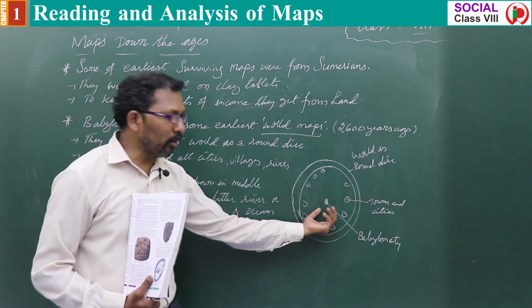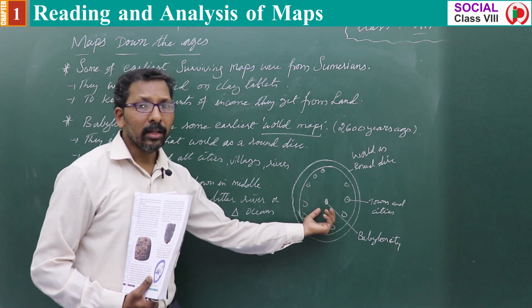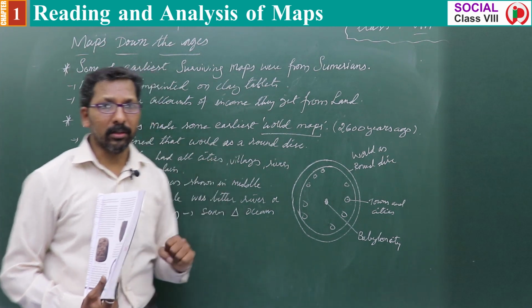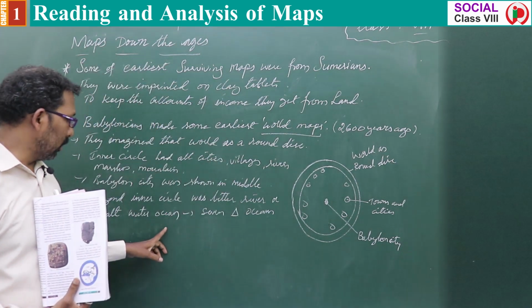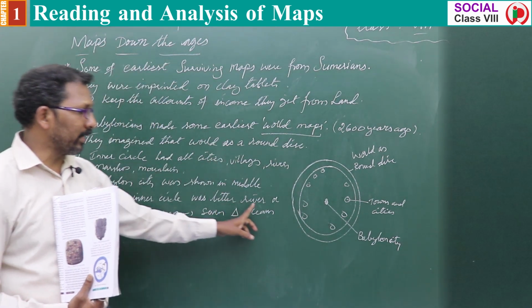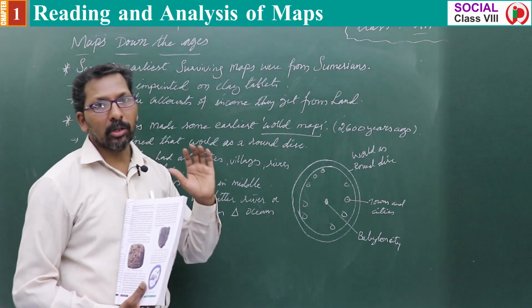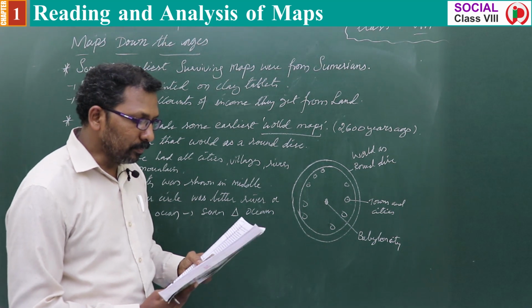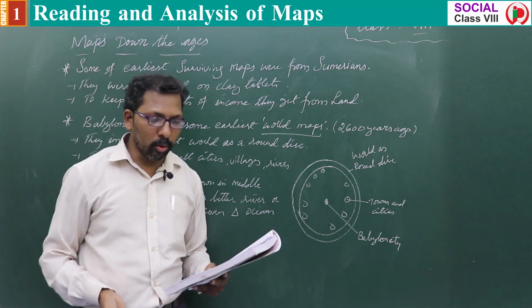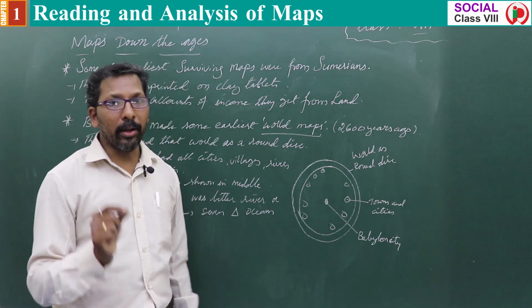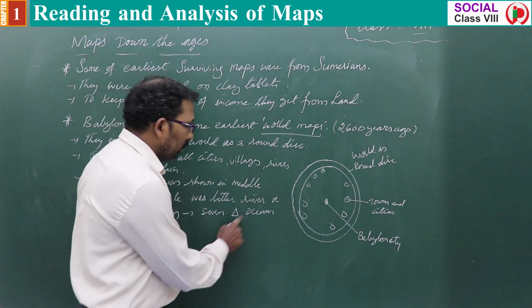And beyond this Babylon city flowed a bitter river. So around the inner circle was a bitter river, or salt water ocean, flowing, right? And in this salt water ocean there were 7 triangle oceans.